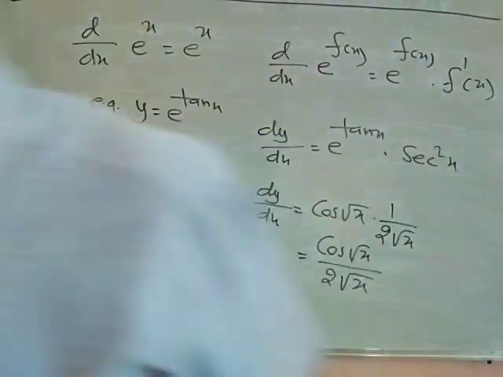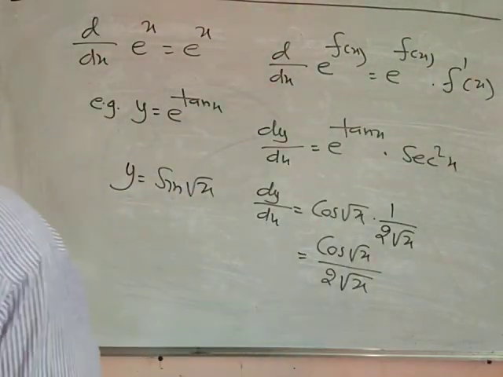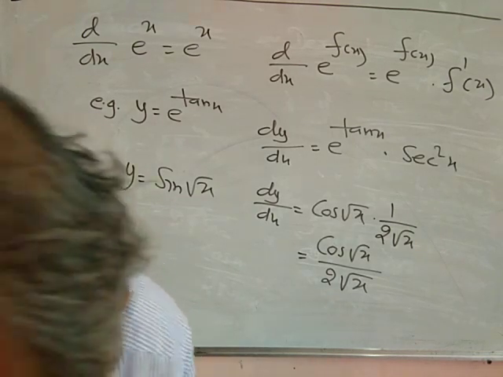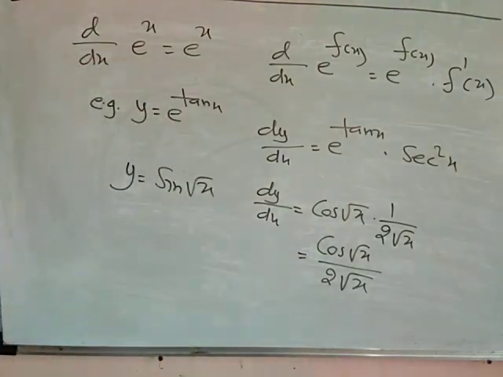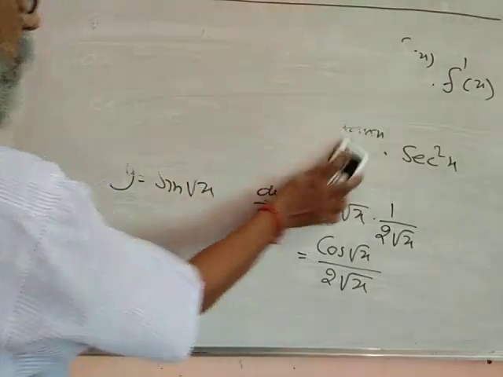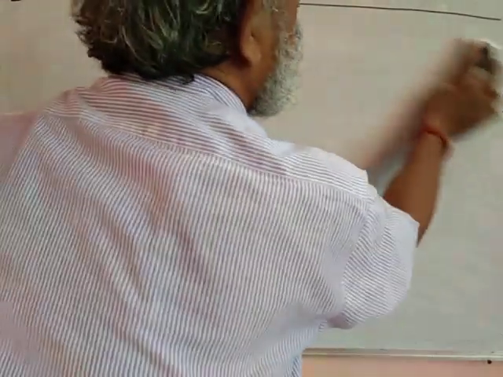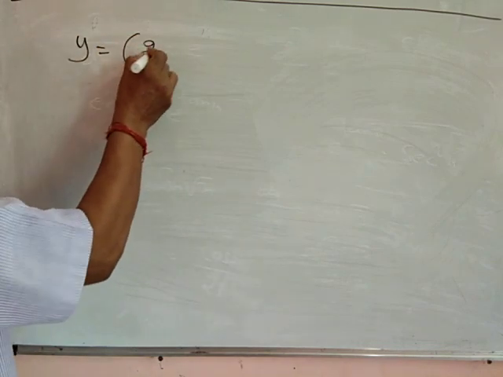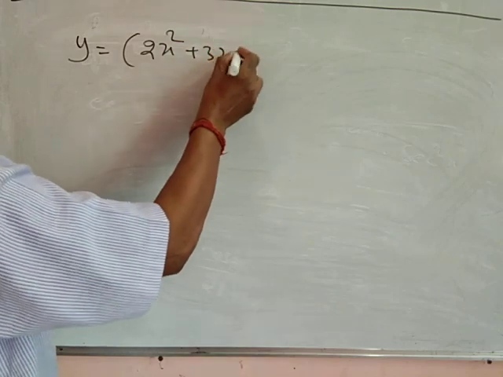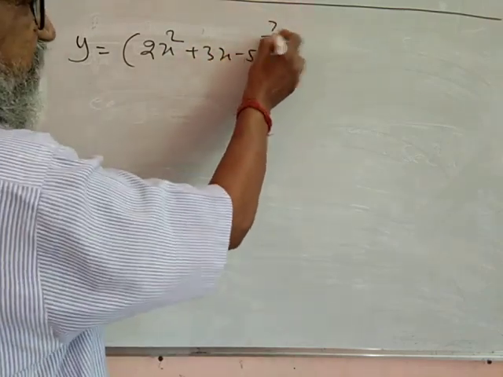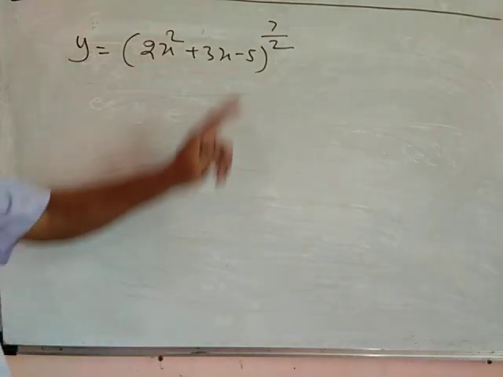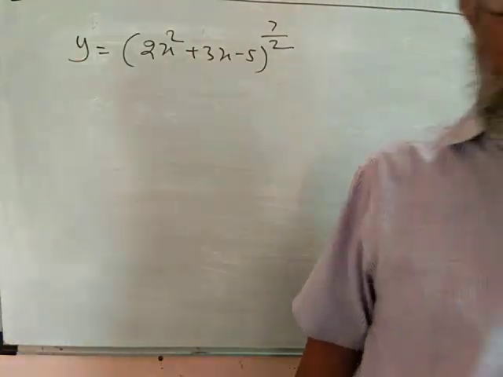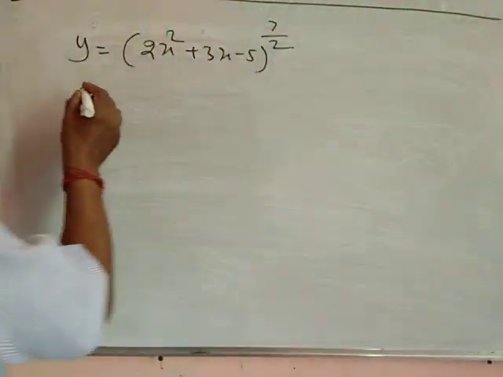Now, I will take some more examples. Let us see the derivative of, say, y is equal to (2x square plus 3x minus 5) raised to 7 by 2. The first thing which you see is the power. That means we have to use the power formula and we will take the derivative of the power first.